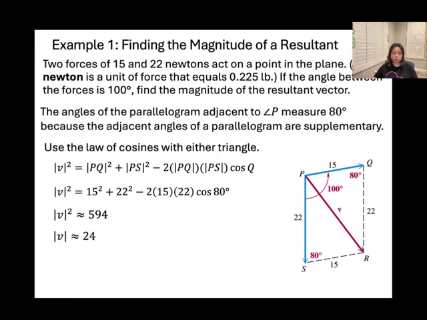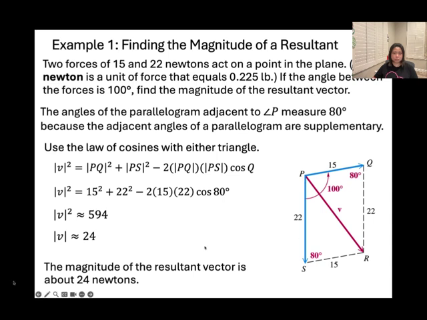Take the square root. You're going to get the magnitude of the resulting vector is equal to 24. Make sure you state the unit for your final answer.